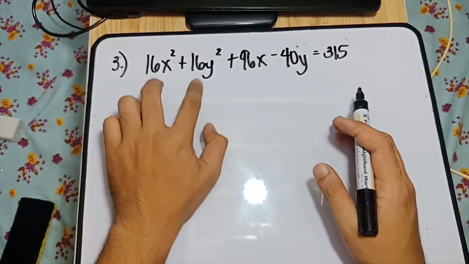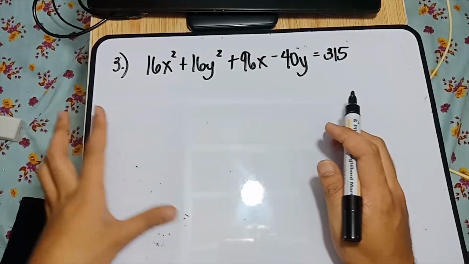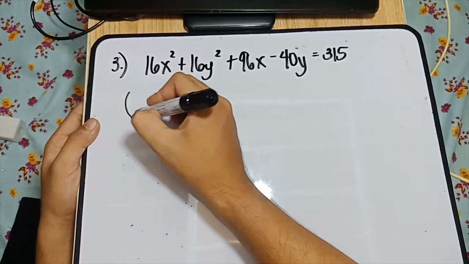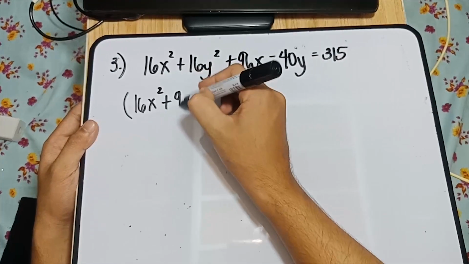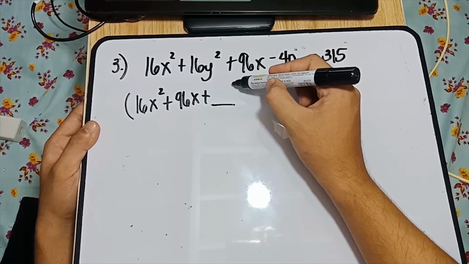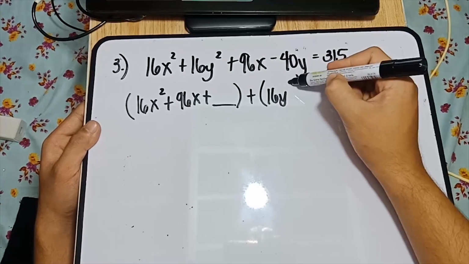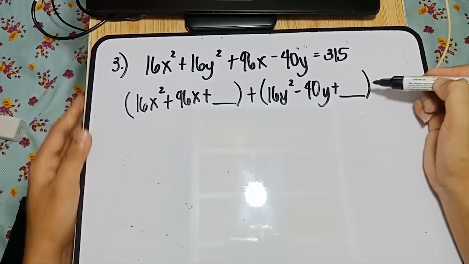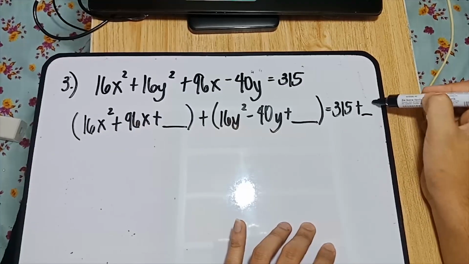Magkamukha yung kanilang coefficient, therefore circle. Okay? First step, pagsamahin yung x, pagsamahin yung y. 16x squared plus 96x. So may dadagdag tayo dyan mamaya. Plus, pagsamahin yung y. Y squared minus 40y. May dadagdag tayo dyan. Equals 315. May dadagdag tayo, may dadagdag tayo.